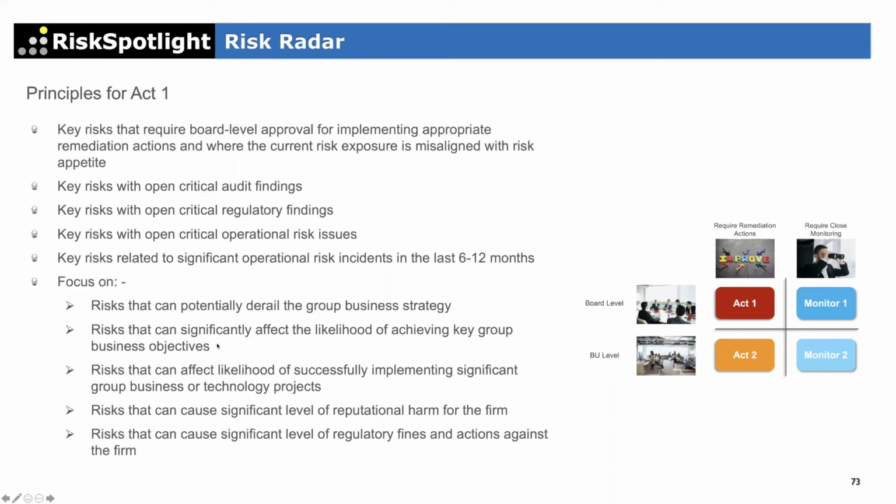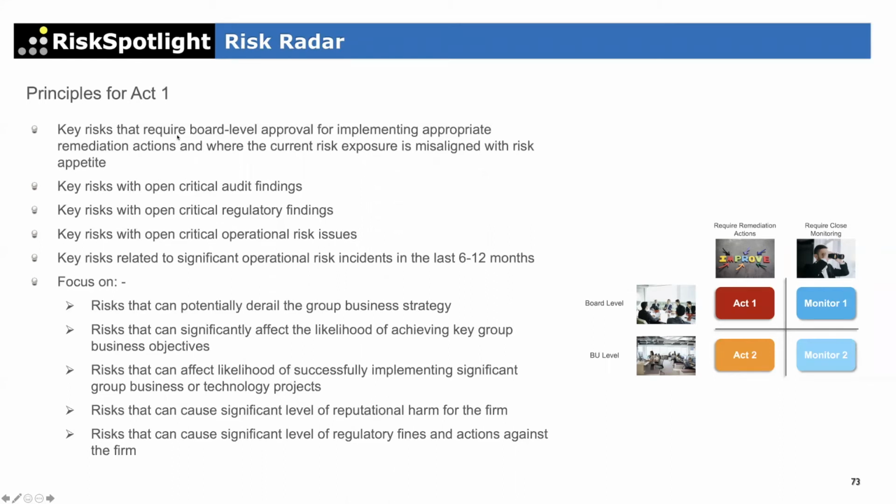So if market share or getting new customers is an important objective, then are there any risks related to those business objectives? Risks that can affect likelihood of successfully implementing significant group business or technology projects. So if there are any big change management programs going on, are there any risks that need to be included?